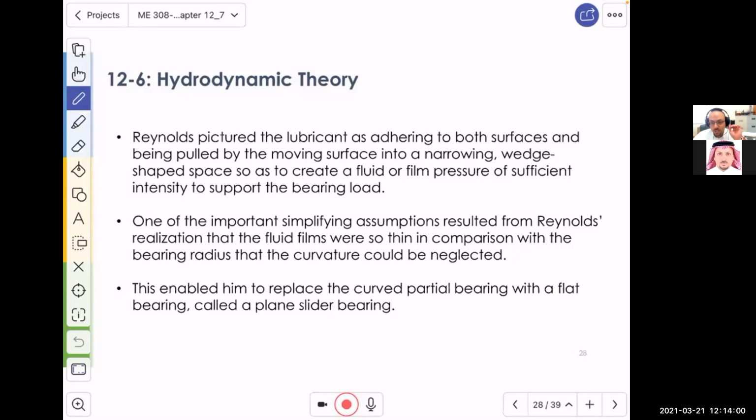Now, I want to give you one little hint over here. It is very hard sometimes to teach it the way Reynolds thought about it. Believe me, I would bet that when Reynolds did this derivation, he did not start with this slide and the one after.